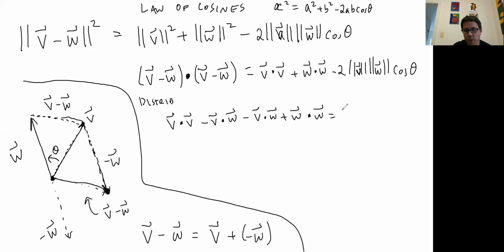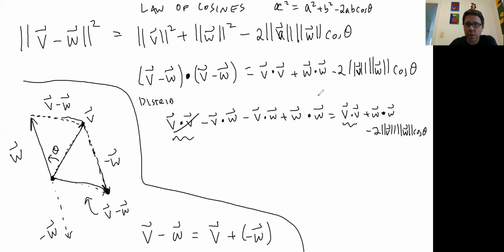I'm just going to recopy the right-hand side. V dot V, W dot W, and then minus 2 V dot W. And now this is the nice part. Look, I've got V dot V on both sides, so I'm just going to cancel them.